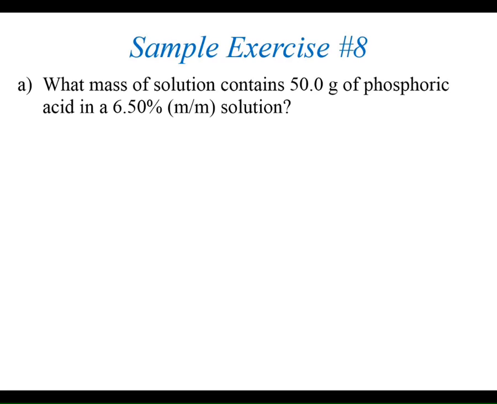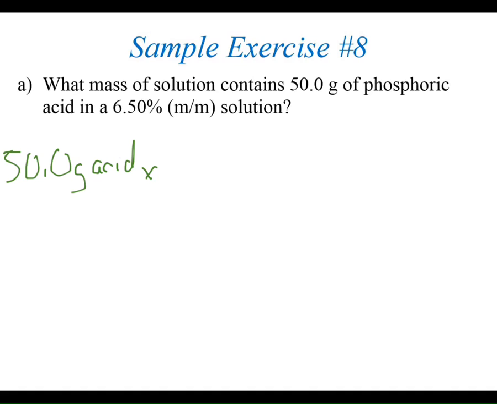So 50.0 grams phosphoric acid. You don't know what that is yet, but I'll just tell you it's H3PO4. Or if you don't know, just write acid. It doesn't matter what it is. You just write acid if that makes you feel better. I'll just write acid. But I don't want grams of acid.